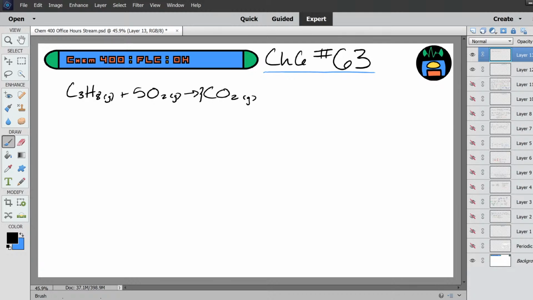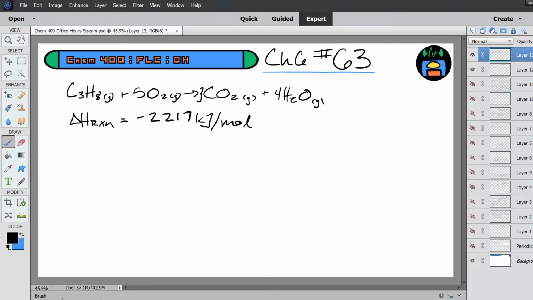That's 3 moles of carbon dioxide, 4 moles of water, also in the gas phase, and they give us a delta H for this reaction of negative 2,217 kilojoules. This is kilojoules per mole.